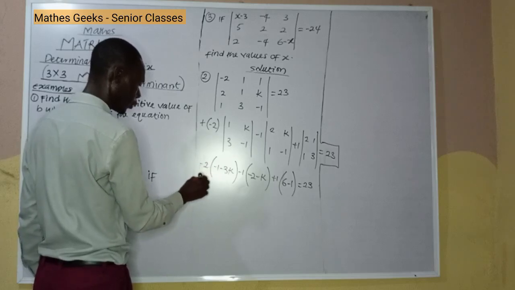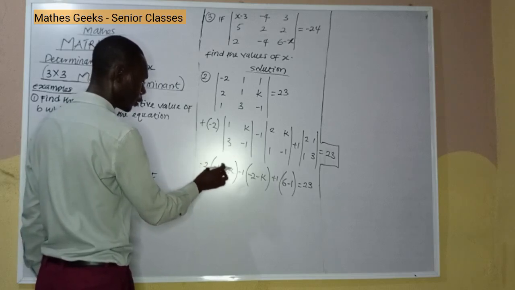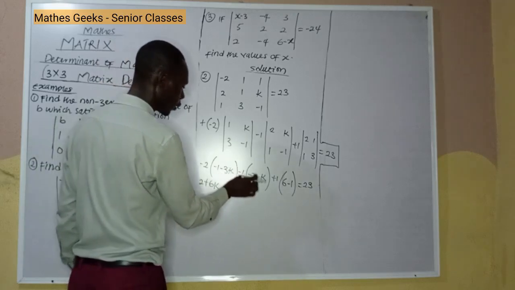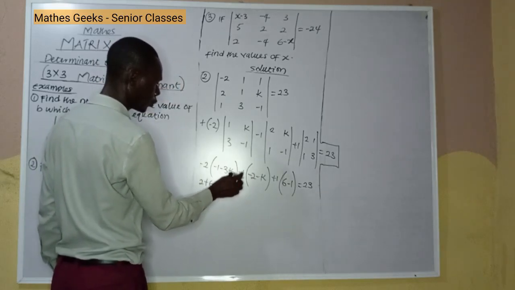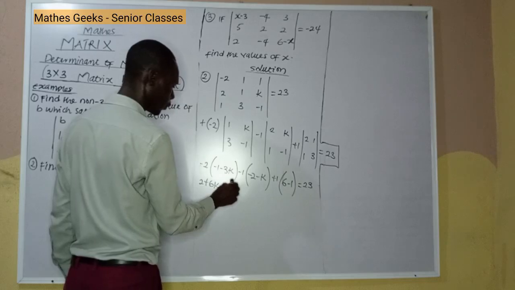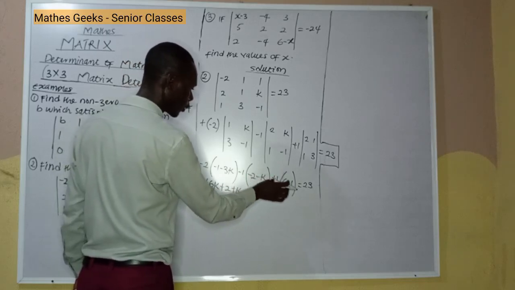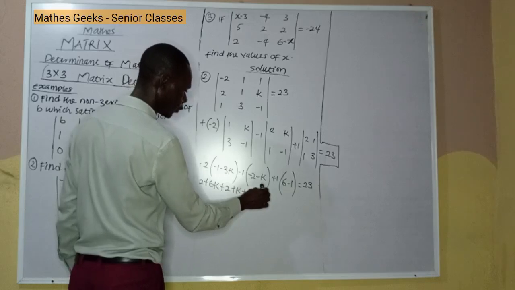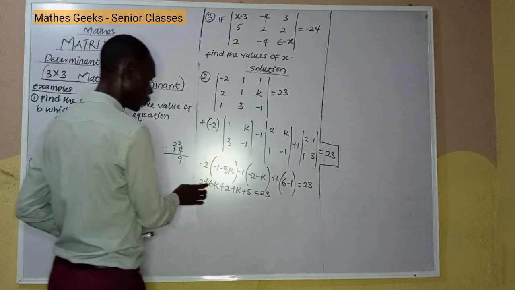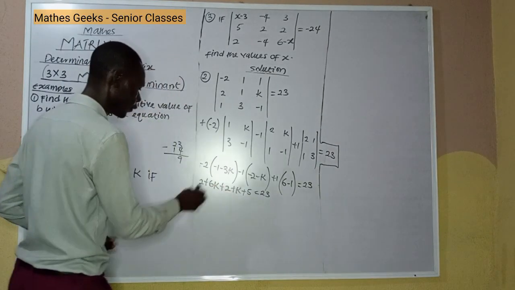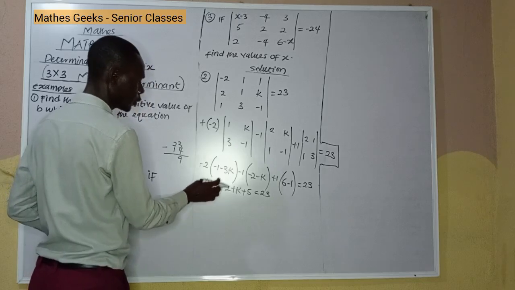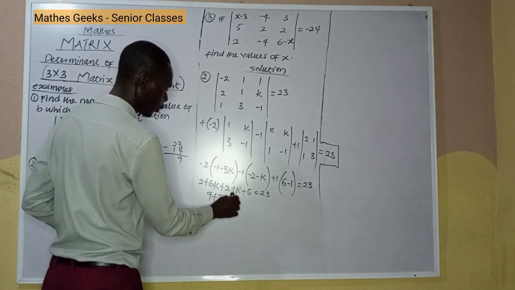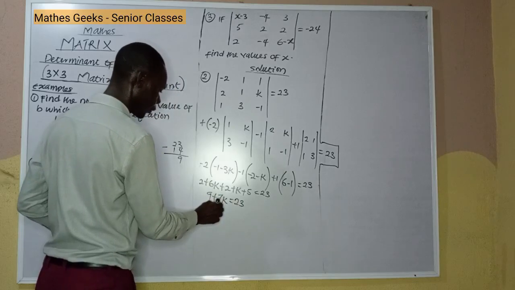Minus 2 times (minus 1 minus 3, which is minus 4)... working through the terms, minus 1 times minus 2 is plus 2, minus 1 times minus k is plus k, plus 1 times 5 is plus 5, which is equal to 23. 2 plus 2 is 4, 4 plus 5 is 9. 6k plus k is 7k. So 7k plus 9 equals 23.